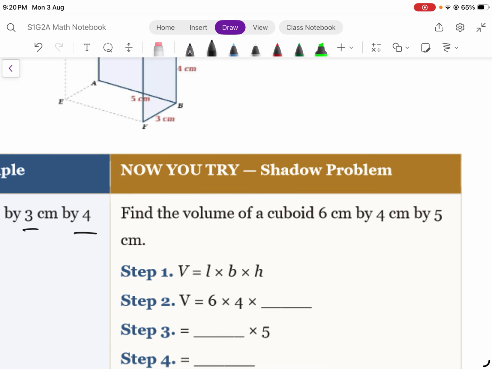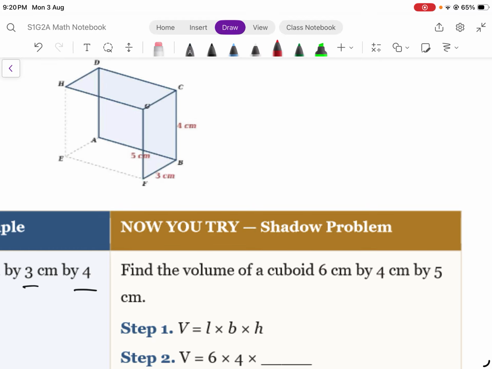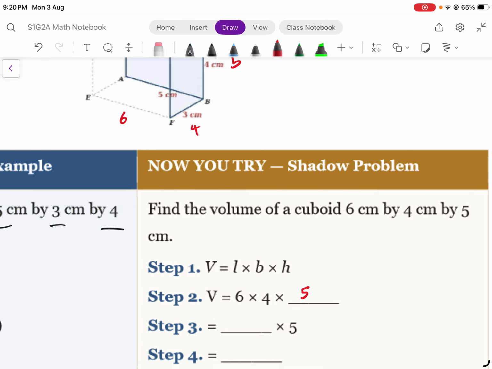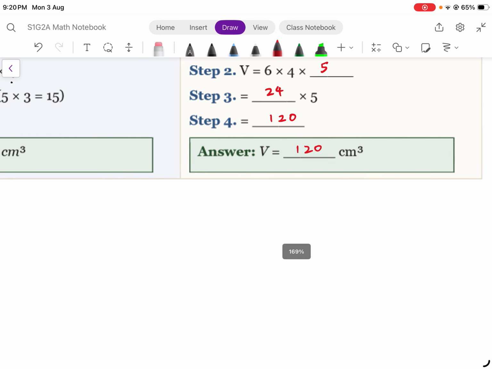Let's use the same picture. 6 times 4 times 5 is 24 times 5, which is 120. So your answer is volume is 120 cm cube.